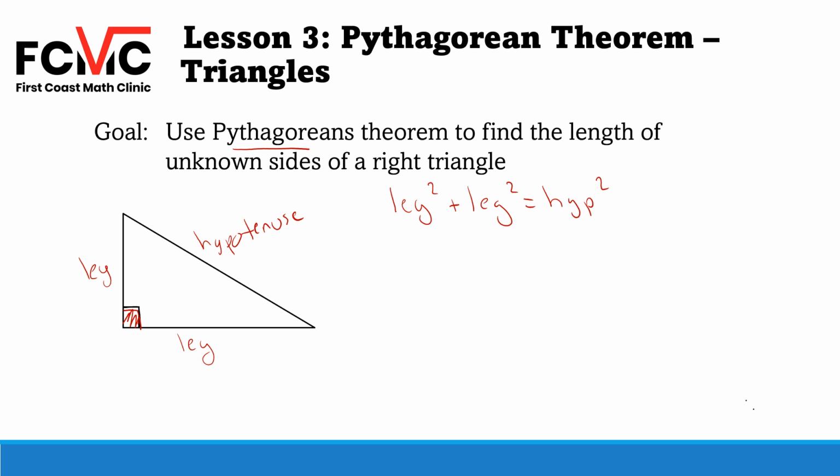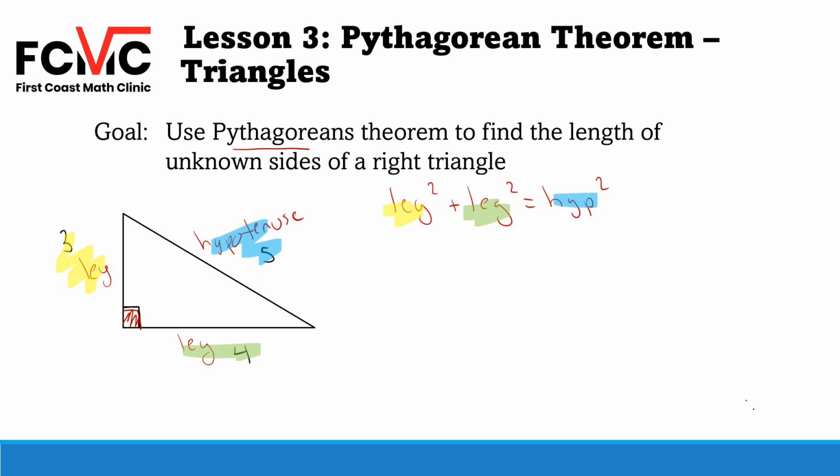Let's say that our legs are 3 and 4, and that hypotenuse is 5, just illustrating what this relationship looks like. So this leg is 3, so I'm going to put that leg here. There's some substitution. This leg is 4, and the hypotenuse here is 5.